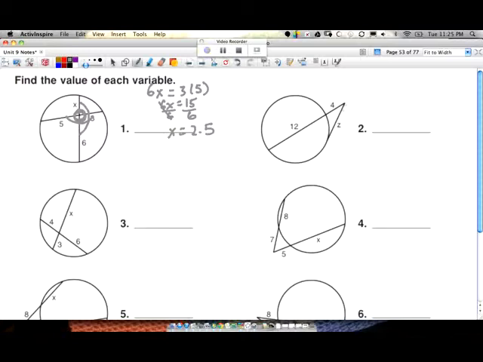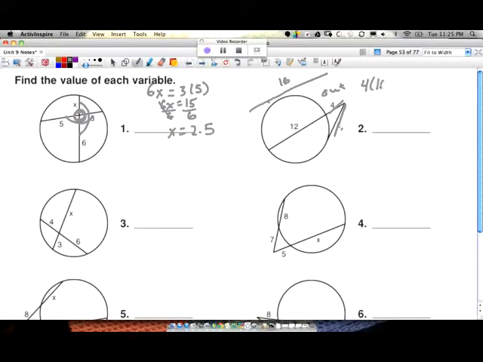Right, let's look at another one. This one has an outside here, z, but it also has another one. It's like z and z. So this means that 4, the outside, times the whole thing. Well, what's the whole thing? The whole thing is going to be 4 plus 12, which is 16.